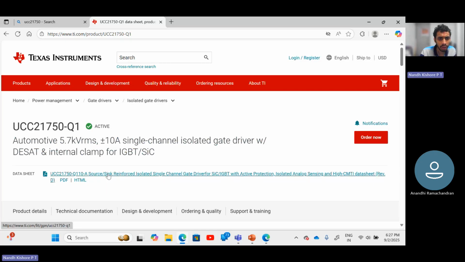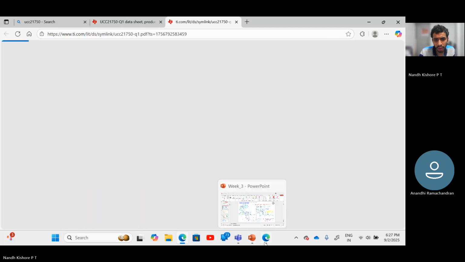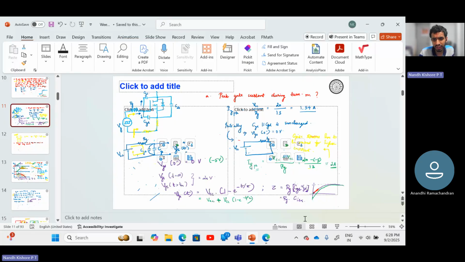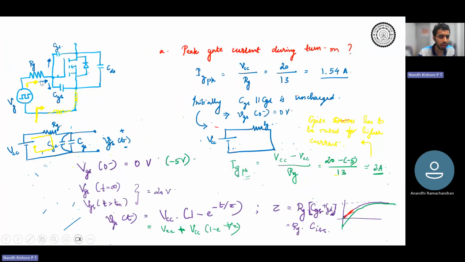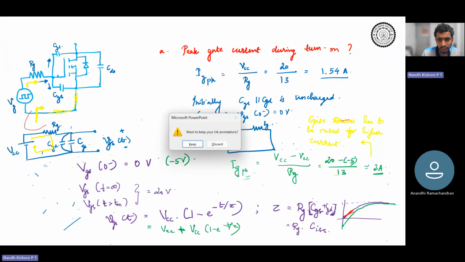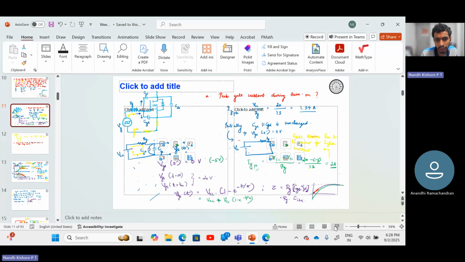One more thing: in our case, can you tell whether the gate driver is sinking current or sourcing current? Is it supplying current, or is it taking in current?